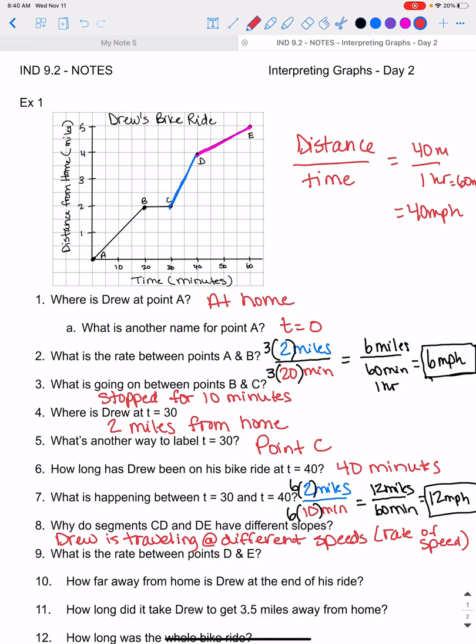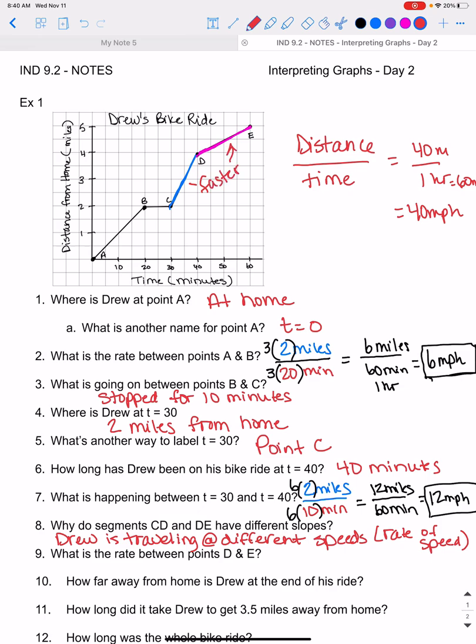So the slope is going to be different when the rate is different. And so when the slope is steeper, he's going faster. So if you were to say on which segment between CD and DE Drew is traveling the fastest, the answer would be CD, because that CD segment is a much steeper slope than the DE segment. And so he's going faster here than he is here.